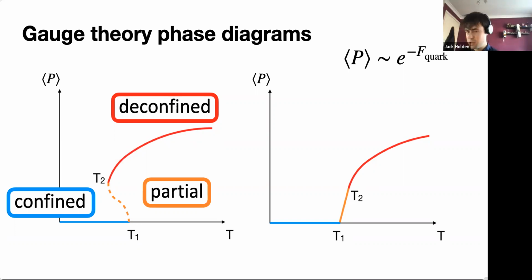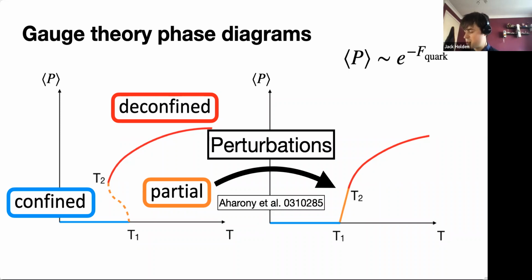This will show a first order phase transition where the partial phase is never favored. As you move along the confined phase, at some point the free energy of the deconfined saddle becomes lower than that of the confined saddle, and so the system will jump to the more favored saddle, and we would never see the partial phase in the canonical ensemble as a favored saddle.